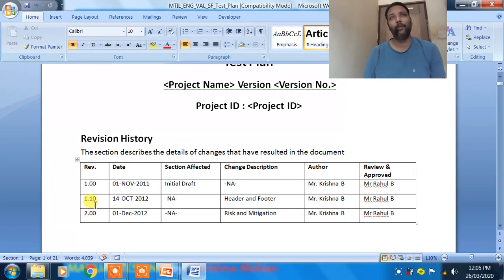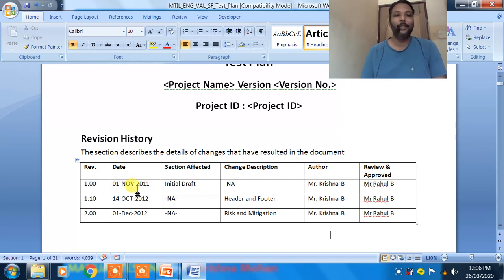What is a small change, what is a medium change, what is a big change depends upon the company, how they have defined it. Here is the date of the revision, when the revision is done. Revision means whenever any modification is done, that document has to be verified and approved.